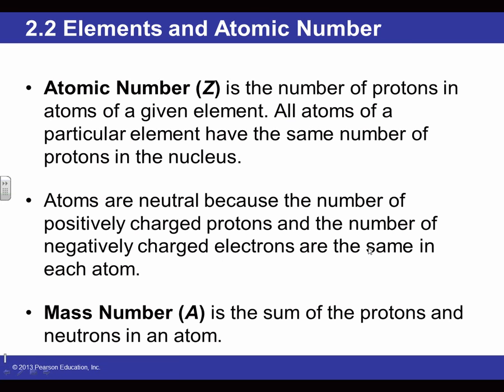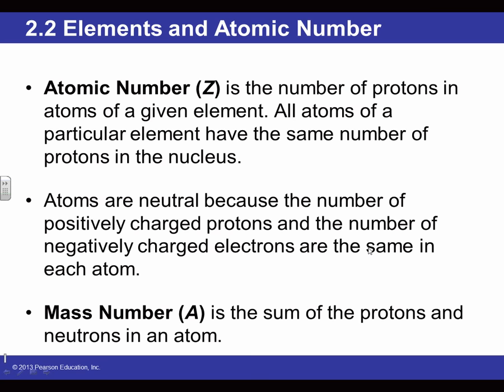Now, there's a number on the periodic table called the atomic number. And if you're going through the rest of this lesson, you probably want to have a periodic table near you. The atomic number is the number of protons in atoms of a given element. Usually on the periodic table, there are two numbers found with each element, and the smaller number is going to be that atomic number.